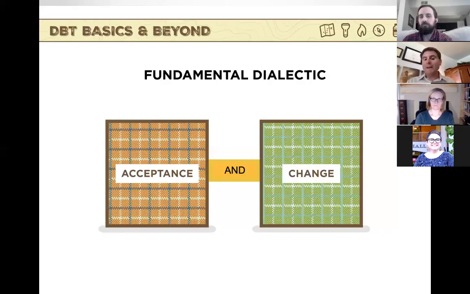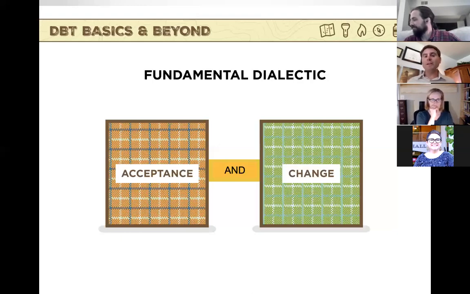But having said that, is there always going to be this nice, neat balance or harmony between these two competing needs? No. This is messy business. And DBT doesn't give you any kind of algorithm to figure out, okay, how much acceptance versus change does my client need in this moment? This is a balance that is in constant flux.